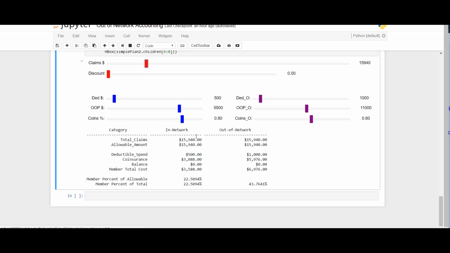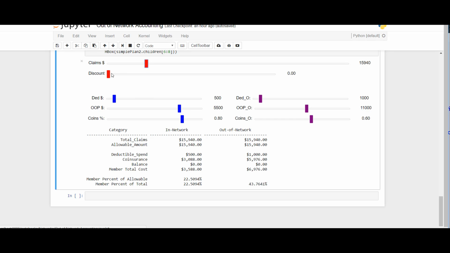But we've got the total claim, the allowable amount, that's how much the provider is allowed to bill under the contract, and then we're accruing to the member to their medical deductible. So we've hit our $1,000 deductible, to our co-insurance, and then the balance here is the amount that the member would pay according to balance billing, the difference between what the insurance company negotiated and what the medical provider actually billed.